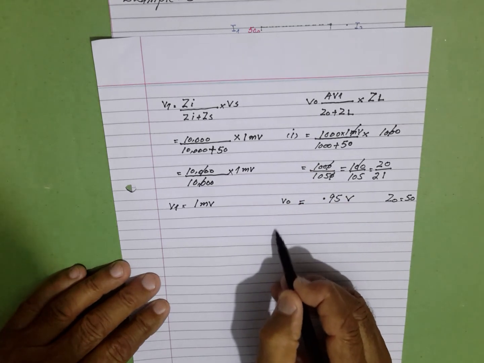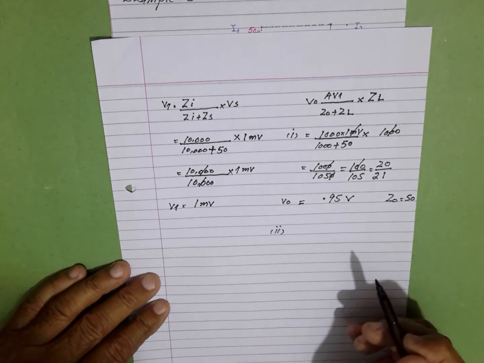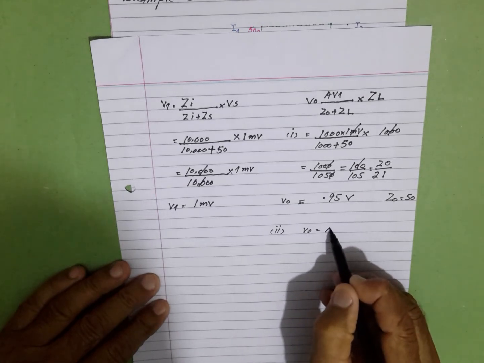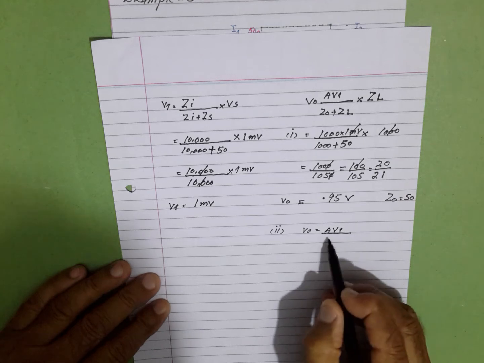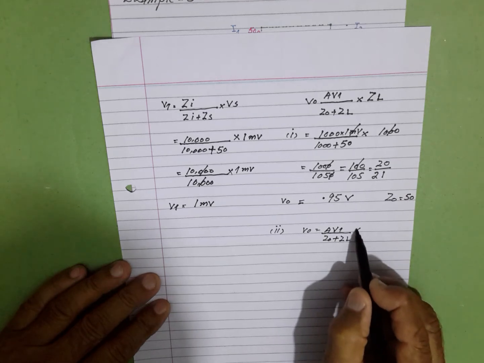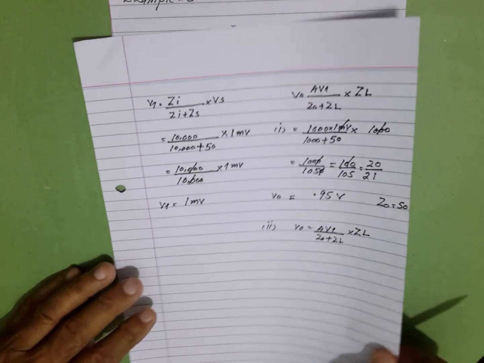Now let us find out the second case. V0 is equal to A V1 divided by ZO plus ZL into ZL. Let us write the values.